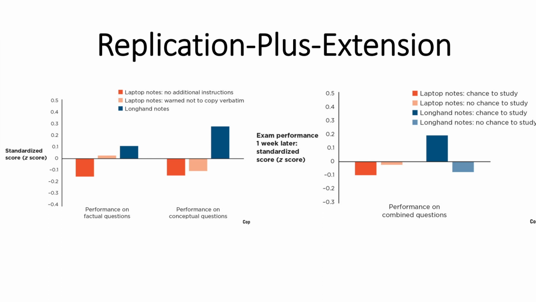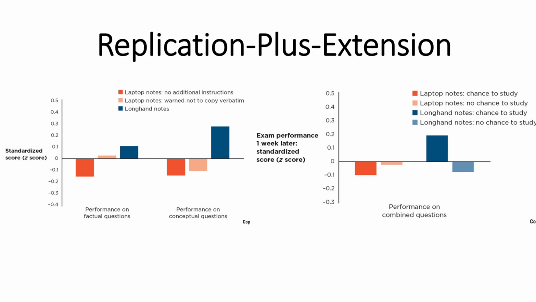So instead of a straight replication, they did a replication plus extension, and they had their original two groups, laptop notes and handwritten notes, but they introduced a third group where they had students who would take notes with the laptop, but they were specifically informed not to take verbatim notes. They said, make sure that you put the notes in your own words.